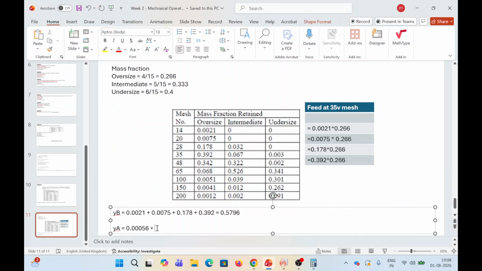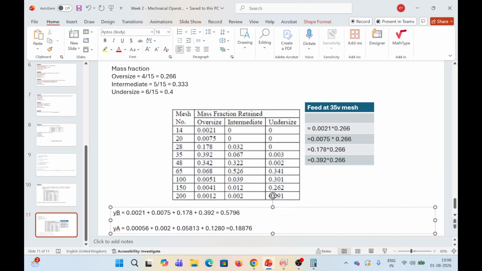0.005586, I'm writing it as 56, plus 0.002 plus 0.00, sorry, 0.5813 plus 0.1280, which is nothing but 0.18876.